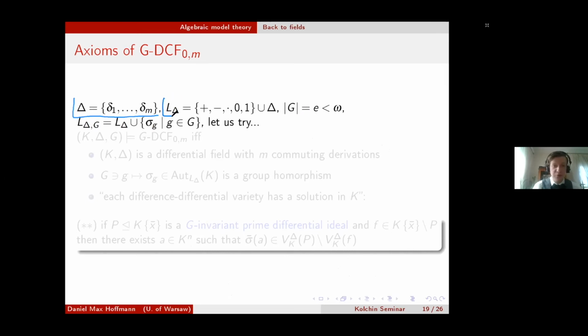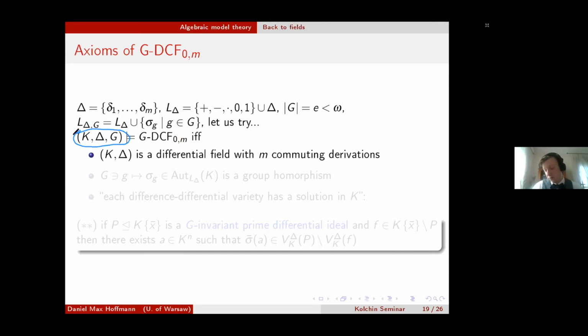Then we have this language of rings extended by our derivations, and then also by the sigma j's for the elements of the finite group G. So I will start with K, delta, G. That's my potential field with m commuting derivations and a group action of G. And I would like to axiomatize existential closedness.